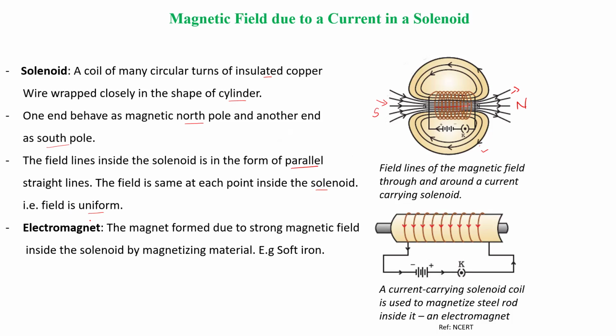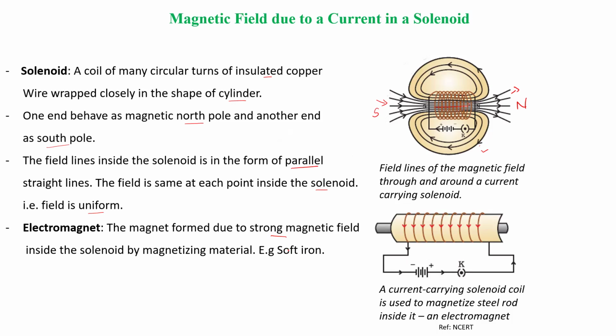Now, what is the electromagnet? We just discussed that a magnet can be formed due to a strong magnetic field inside the solenoid by magnetizing the material. If some soft iron or steel rod is placed inside the solenoid and supply is given, the material, having the property to get magnetized, gets magnetized, and a strong magnetic field is produced. This strong magnetic field is produced due to what?